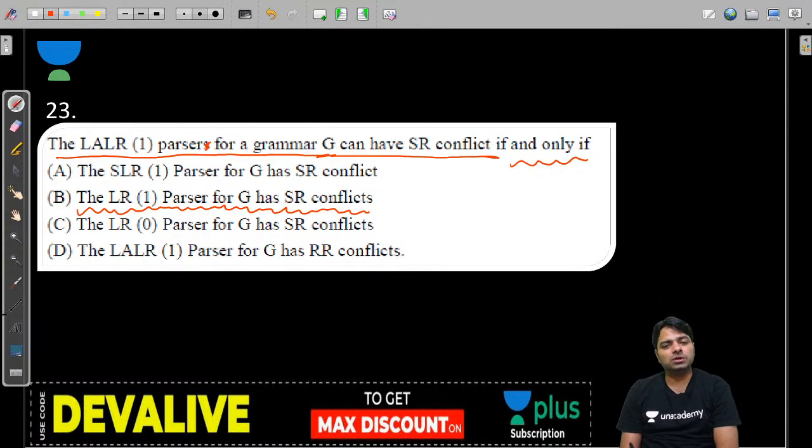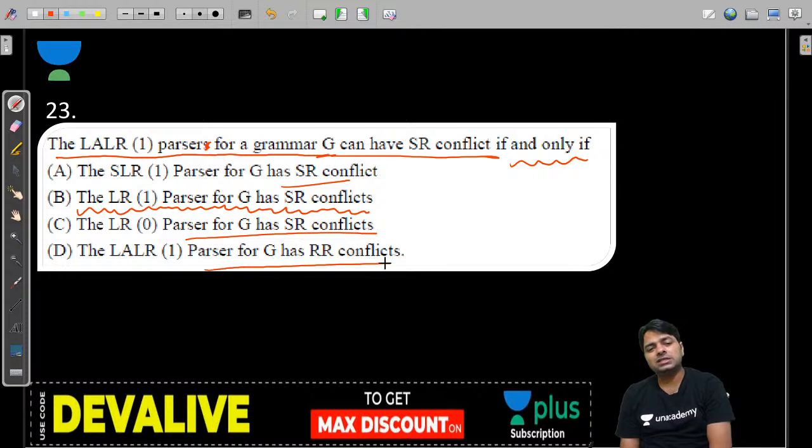Otherwise it's not possible. But an RR conflict you may see even though CLR1 does not contain that. Okay, first one, SLR1 parser has an SR conflict, but even LALR1 may not contain that. And if the LR0 parser has an SR conflict, for SLR1 and LALR1 there is no guarantee that they will have an SR conflict. If the LALR1 parser of G has an RR conflict, RR and SR conflicts have no relation at all. So only option B is right. Yes, B.